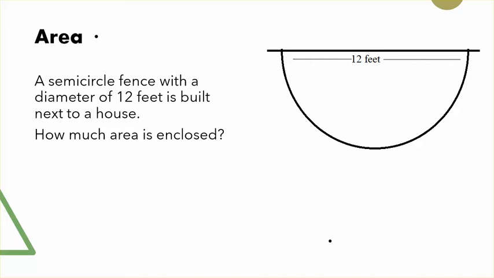Let's return to our fencing problem. Again, remember we had a semicircle fence with a diameter of 12 feet. We already found out how much fence we need, but now imagine we want to figure out how much area is inside that fence.